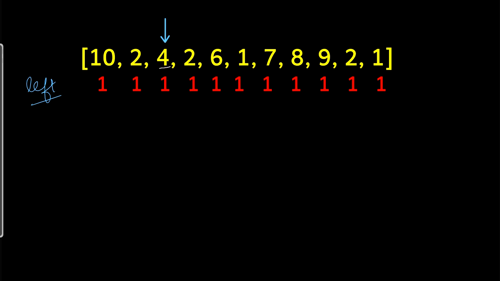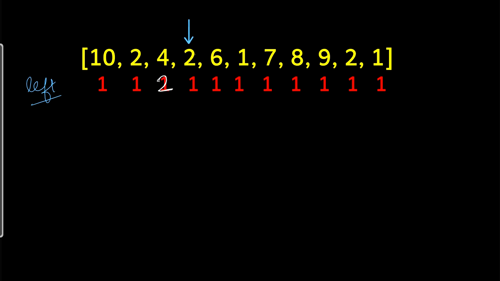Then we will take 4, which will be compared with its left neighbor. 4 is greater than 2. So this time we have a higher rating, so he is supposed to get more candy as compared to its left neighbor. So here I will take +1, 2 candies.